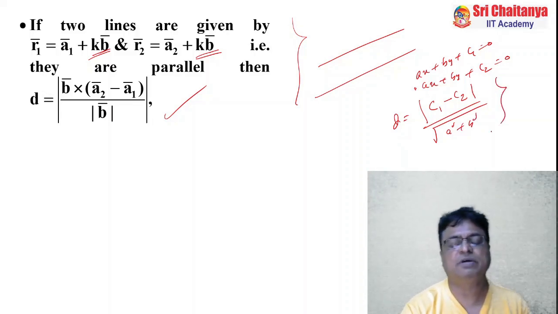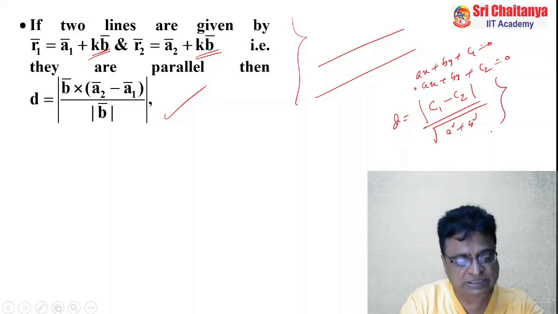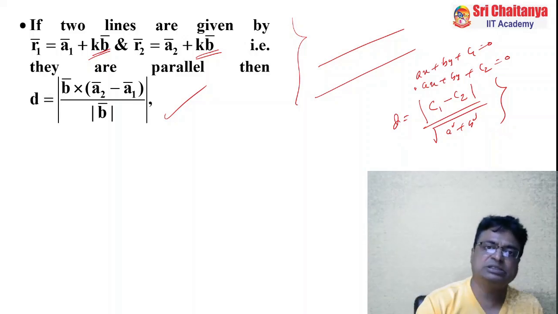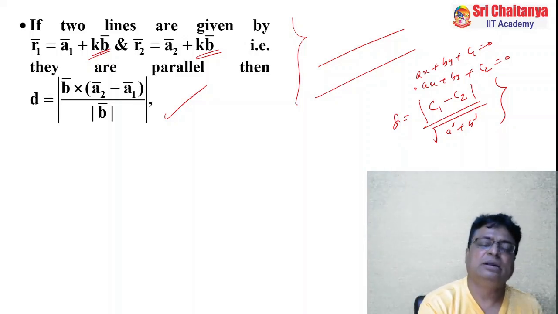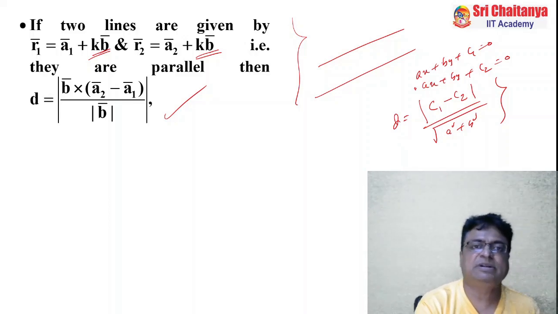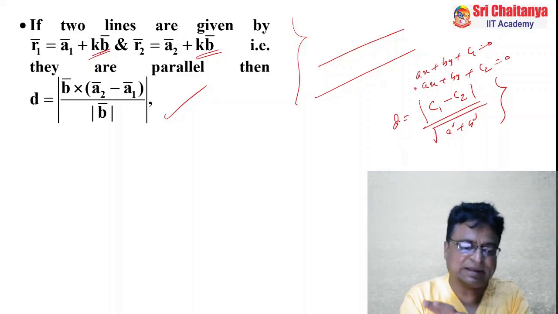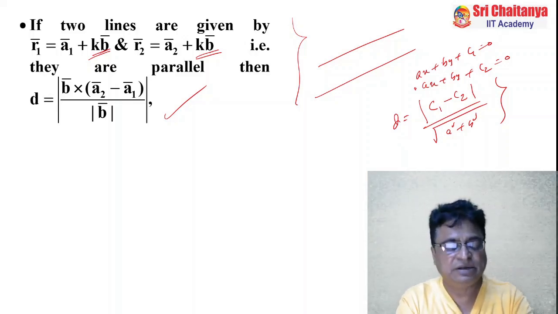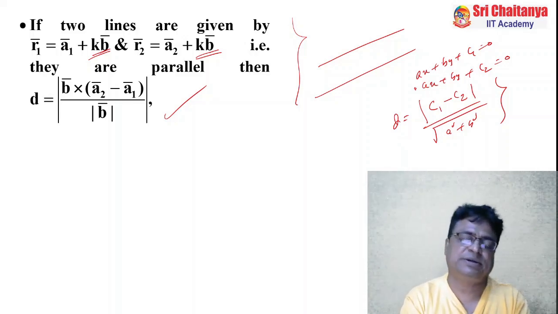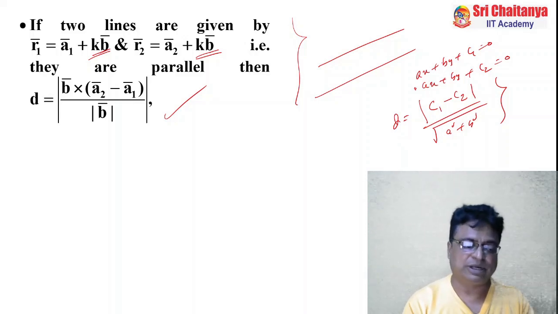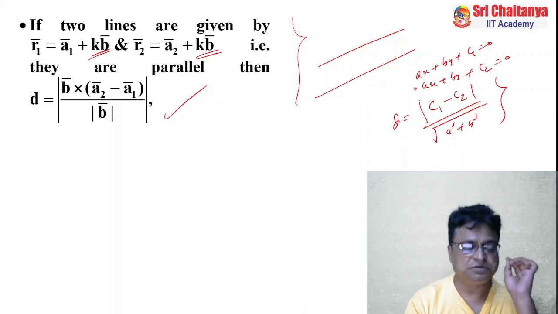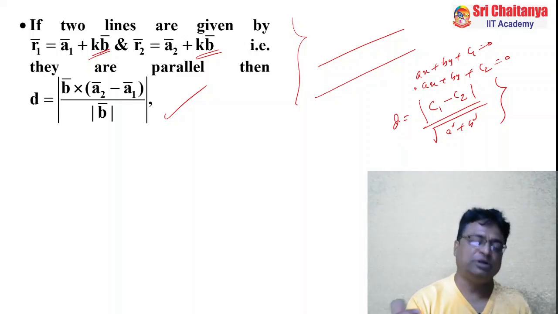This is the formula for the distance between parallel lines. In the same way, if two lines are given in vector algebra and the lines are parallel, then the distance between the parallel lines is given like this. But in vector algebra, they never mention that the lines are parallel. You need to find it, because whenever the vectors are in this kind of structure, automatically understand that they are parallel. So if they want the distance, you just immediately apply this concept and you will get the answer very easily.